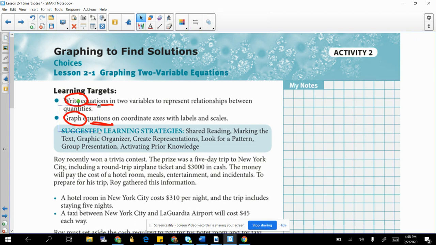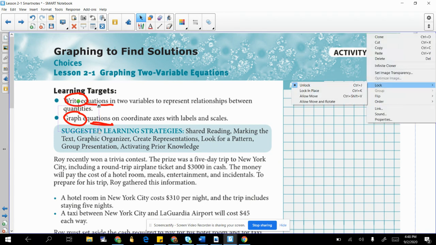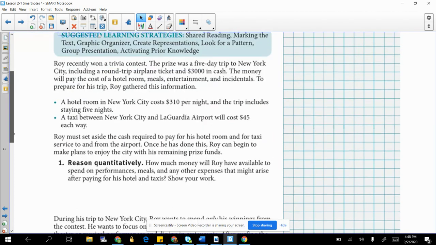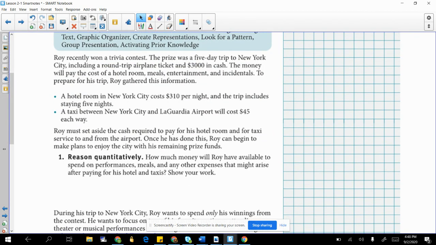All right, so that being said, go ahead and read through this with me. Follow along. It says here, Roy recently won a trivia contest. The prize was a 5-day trip to New York City, including a round-trip airplane ticket and $3,000 in cash.